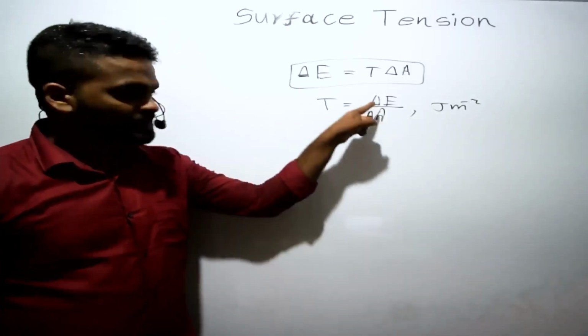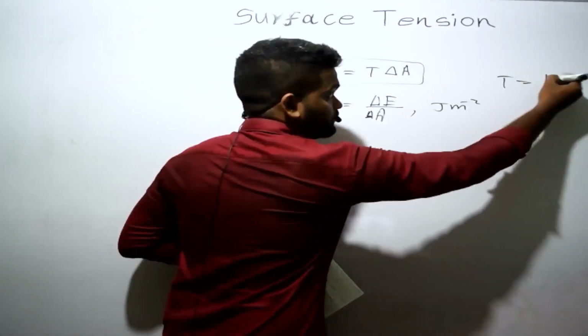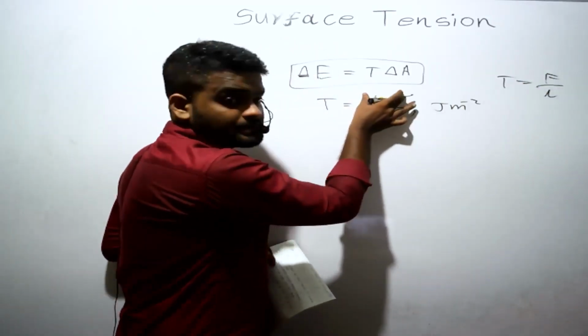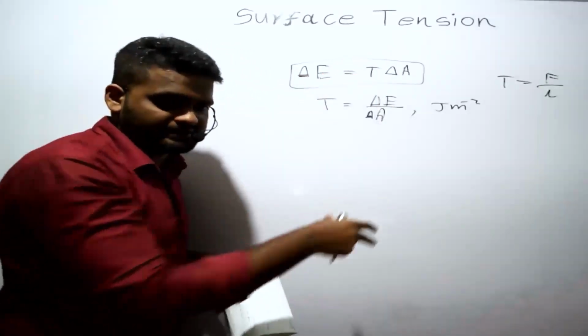Okay, so what is this? The previous equation is force per unit length. This equation, energy per unit area. Understood? You have to understand that pattern, right?